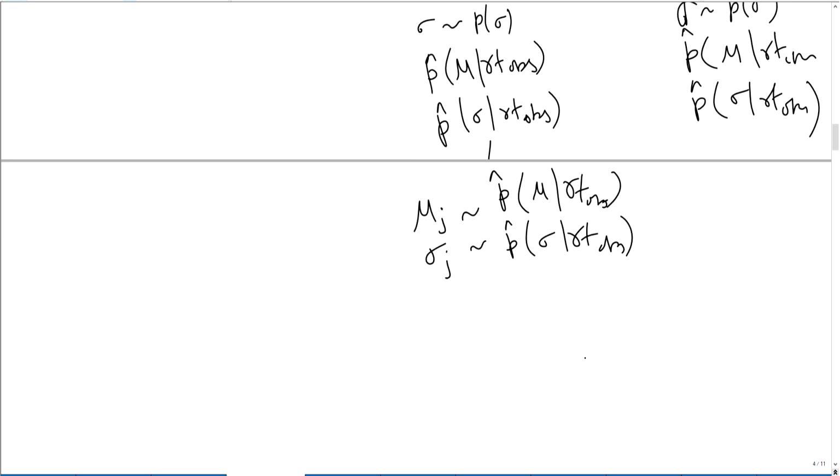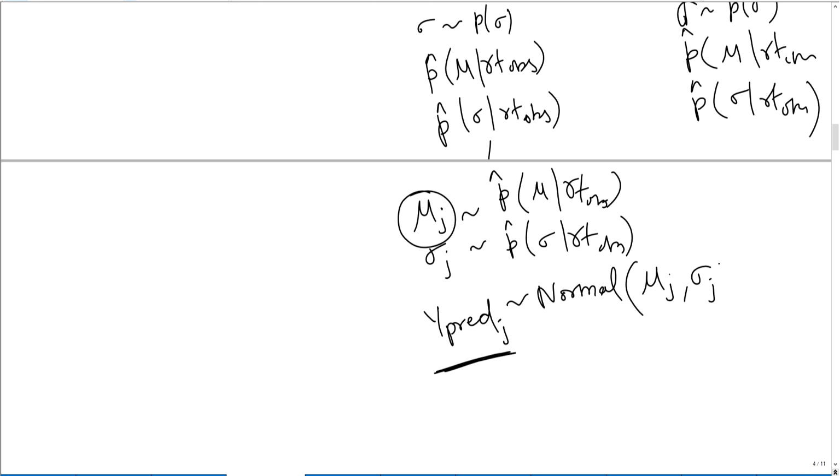Based on these samples from the posterior, you would generate some future predictions, conditional on each sample from the posterior. Let's call it ypred j, the jth sample. Corresponding to each sample from the posterior, you would generate a posterior predictive sample. In this case, it comes from a normal distribution conditional on mu j and sigma j.